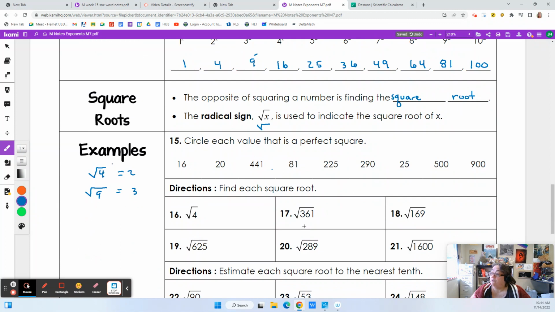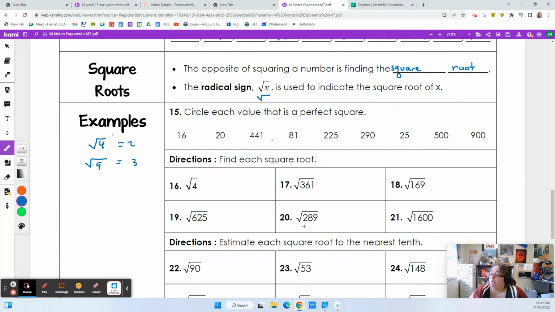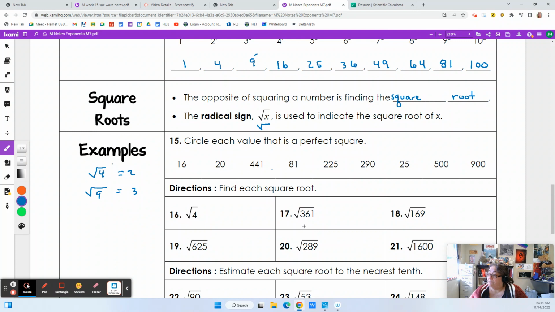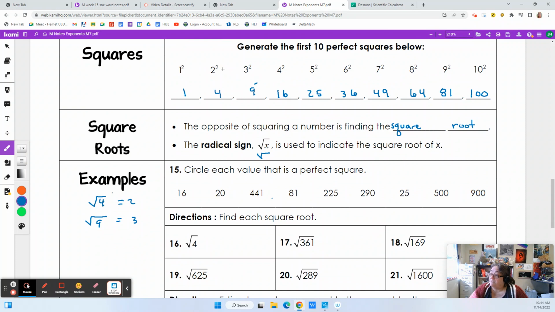Here it's saying circle each value that is a perfect square. Well, we went through and did some perfect squares, right? So which ones are these? Well, we know 16 is because we can see it up here, right? Perfect square, 4 times 4 equals 16, so we know that's a perfect square. 20, though, look up here.